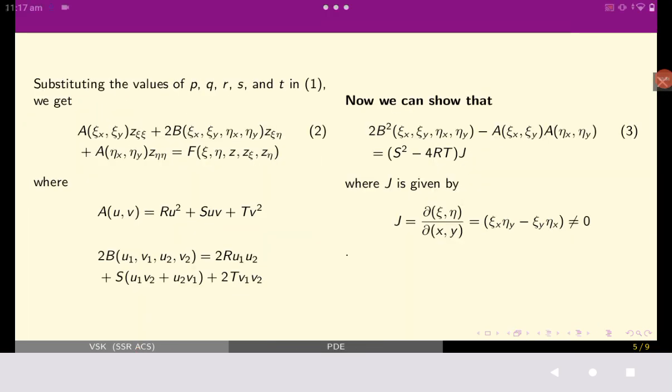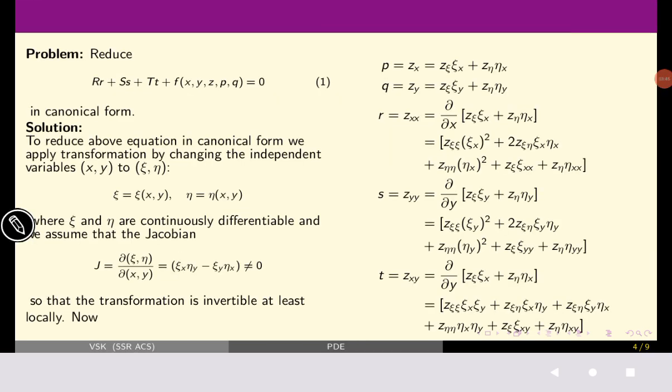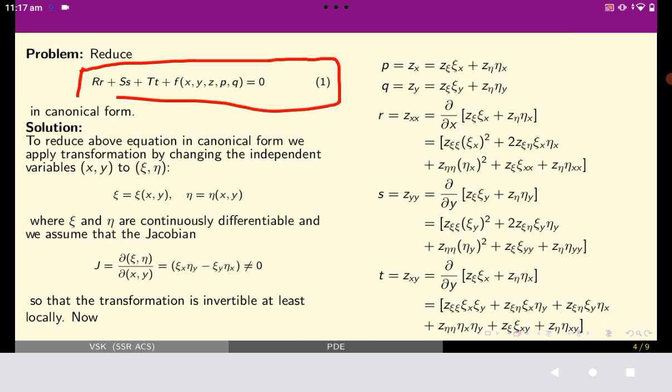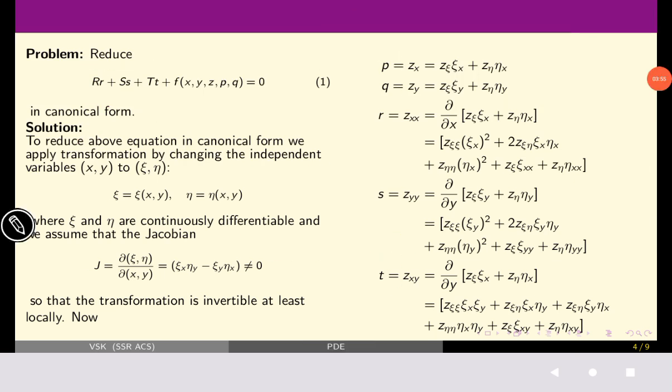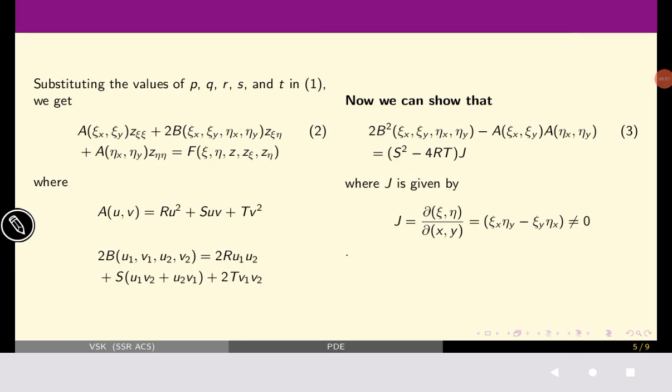Now substituting the values of p, q, r, s and t as we have found in equation number 1, which is our main equation, we put in these values, which we are finding over here. P, q, r, s, t, all these values we put, so that this equation comes in this form.